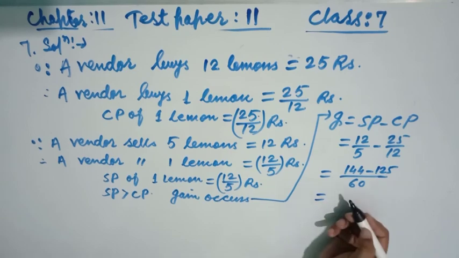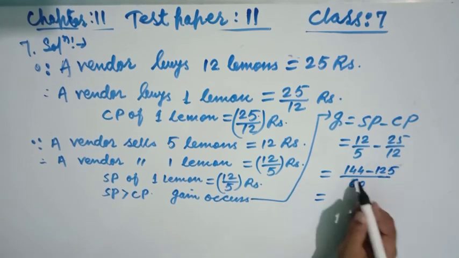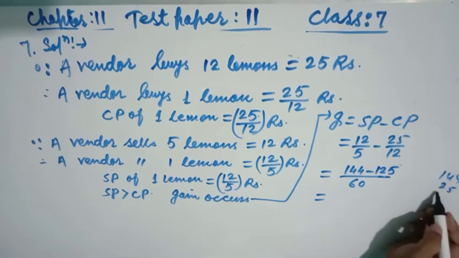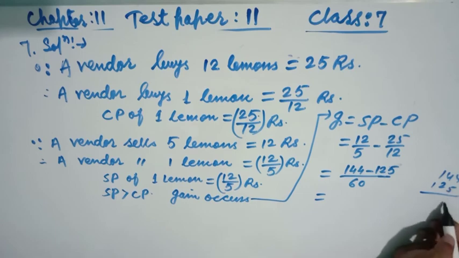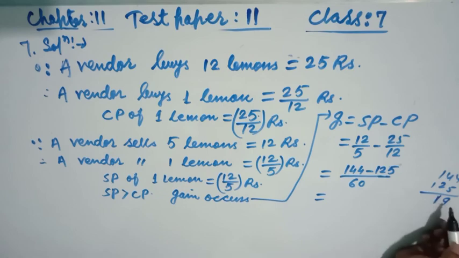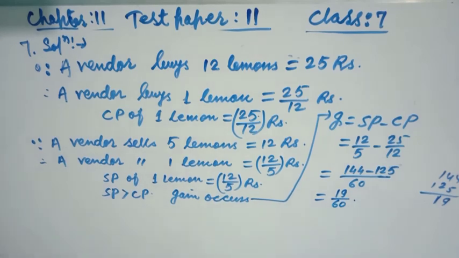Now subtract, friends. 144 minus 125 is 19. So the gain is 19 divided by 60.